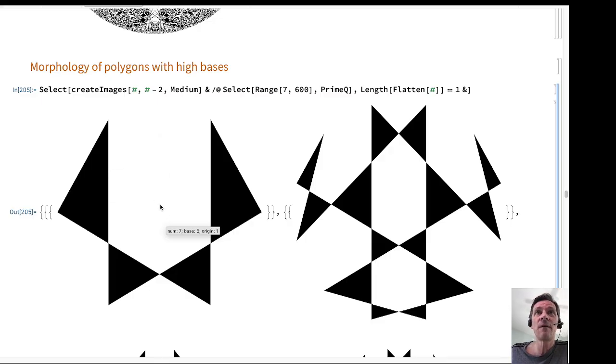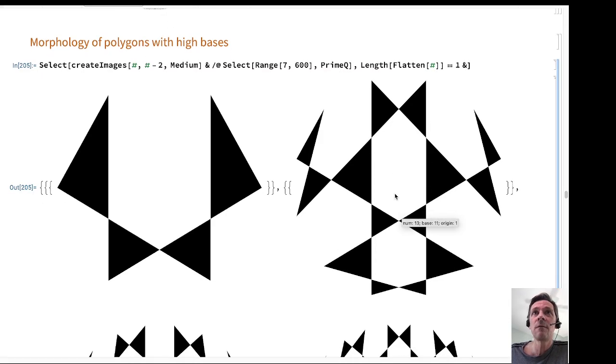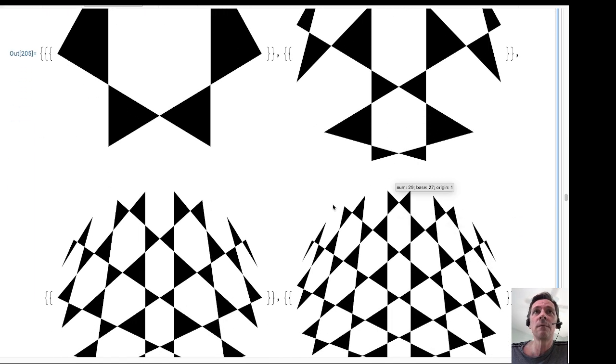This is 7 base 5. You can see the tooltip, or maybe not, I'll read it out to you. This is 13 base 11. So always denominator n, base n minus 2.